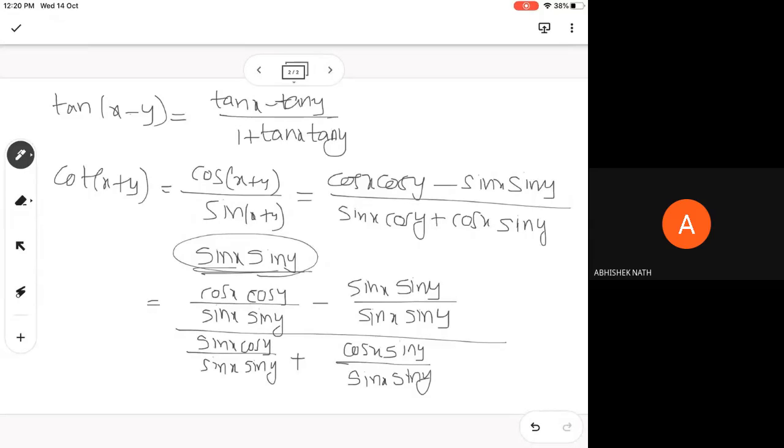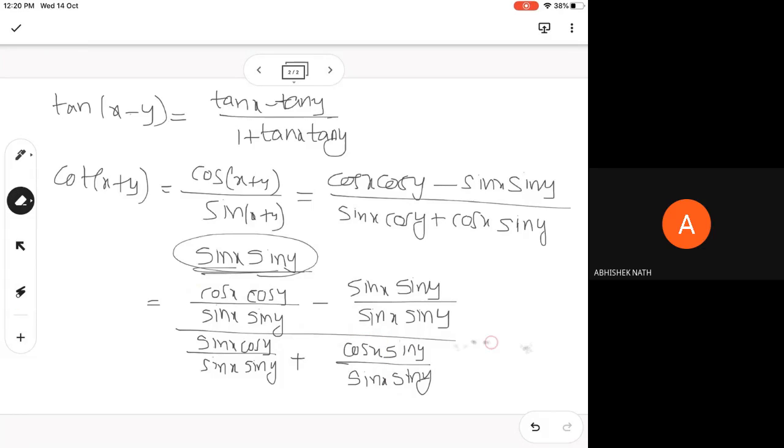Here this will become cot x, this will become cot y, this completely gets cancelled, and here sin x gets cancelled, so you get cos y, and here sin y gets cancelled, so you get cos x.